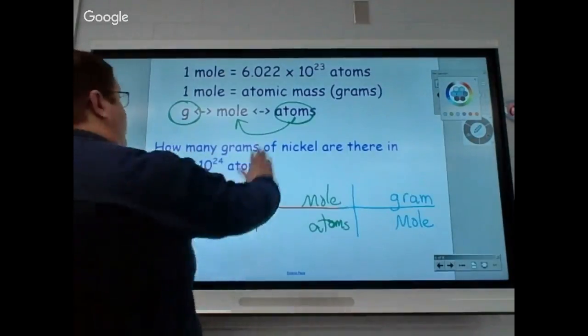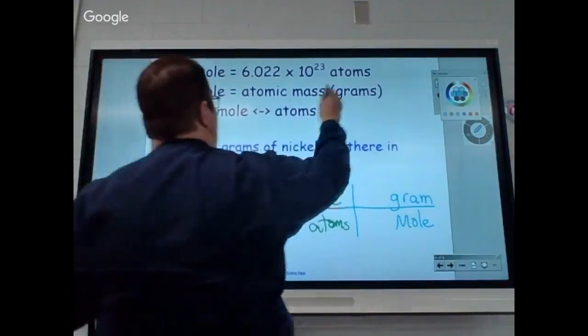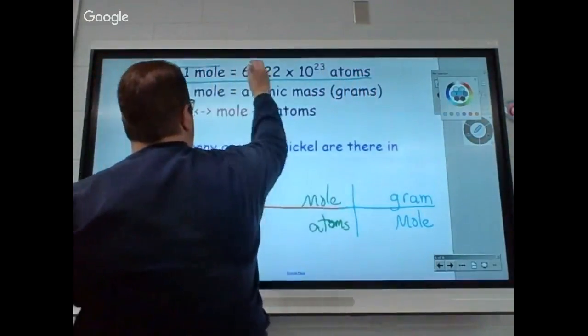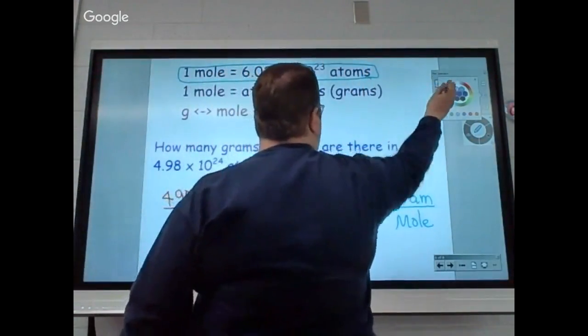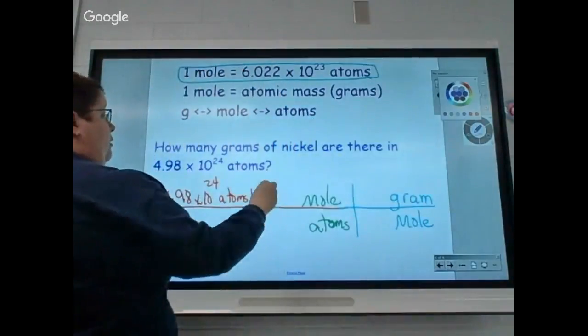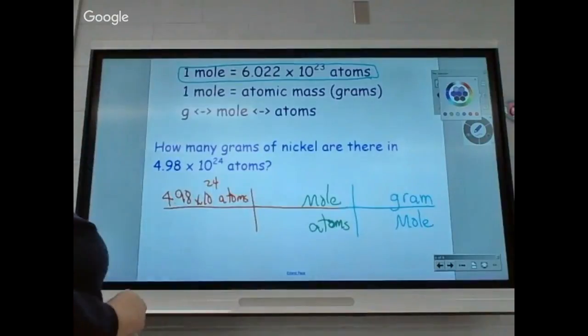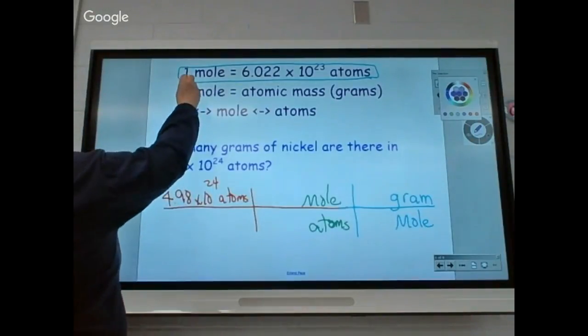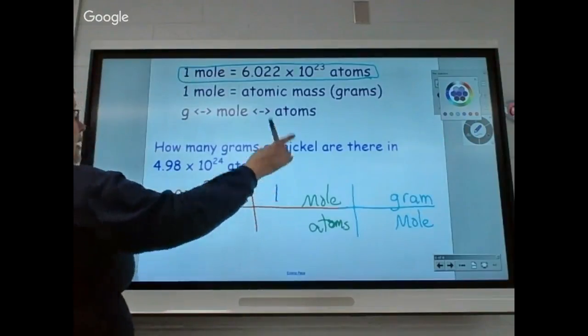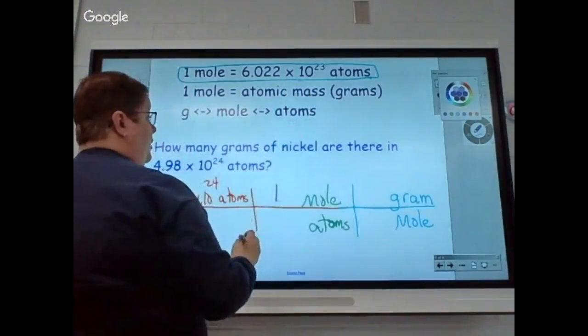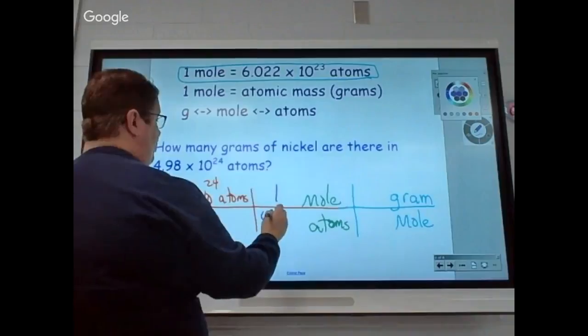So when we look up here, atoms and moles goes in which spot? Does it go here or in the final spot? It goes in the middle. Okay, so mole has what number? And atom has what number? Avogadro.